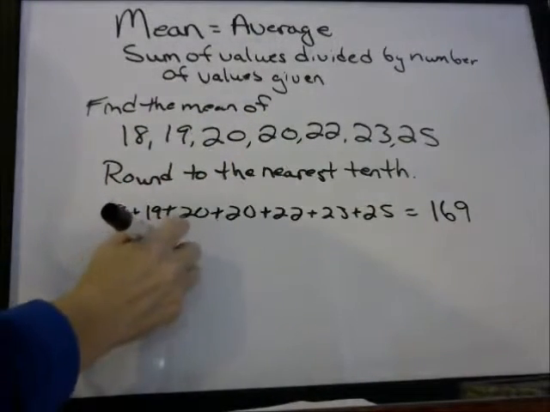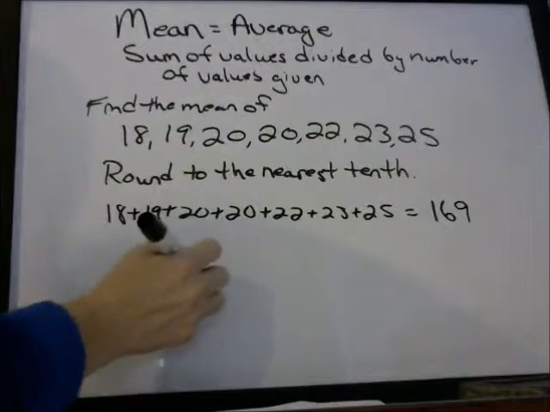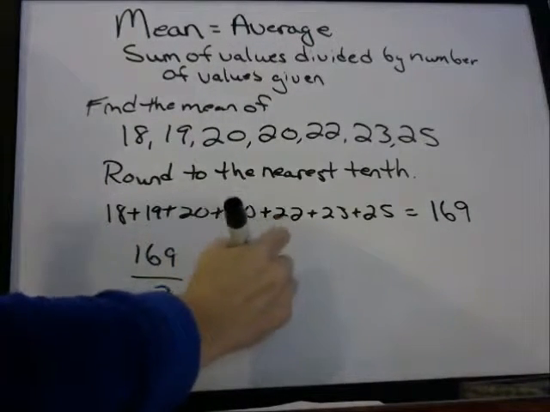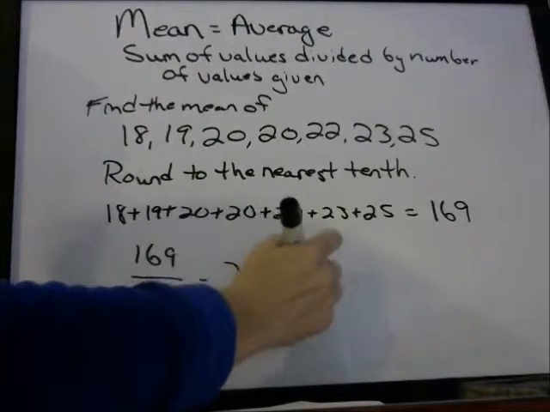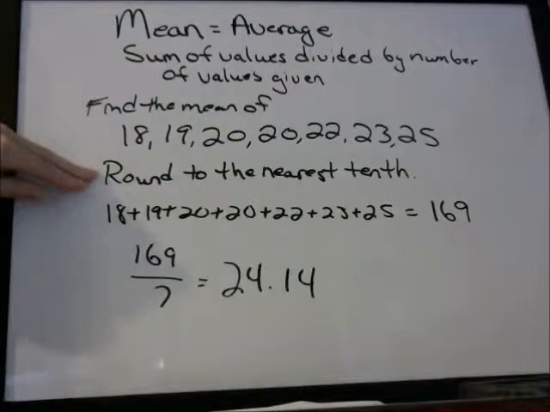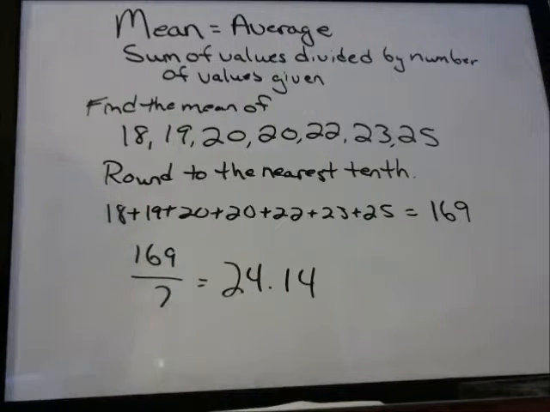So 169 divided by 7. You can plug that into your calculator. You're going to get a big long number. It's about 24.14. And remember, the question said round to the nearest tenth. If you don't know what that means, you need to watch the videos again. They're towards the bottom of the page, some of the very first videos I did about rounding.